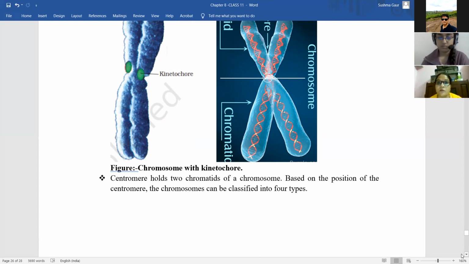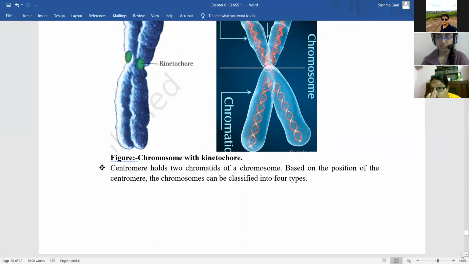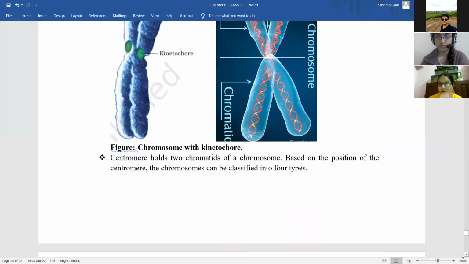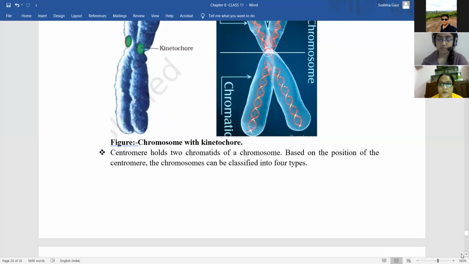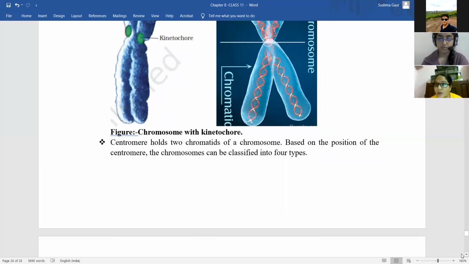In the next chapter we are going to start mitosis and meiosis. That is a very interesting chapter, and it is related to this chapter. I am teaching you this chapter so that after that we will study that chapter, and your complete portion related to this will be over. Okay, ma'am. Is your school going to conduct any exams?